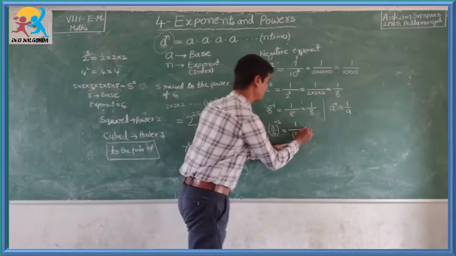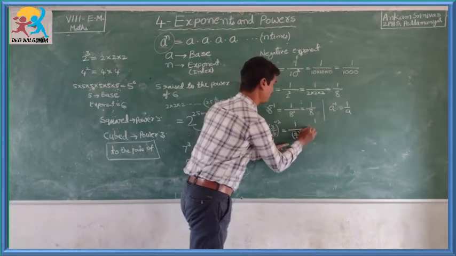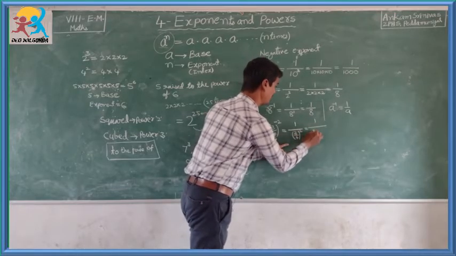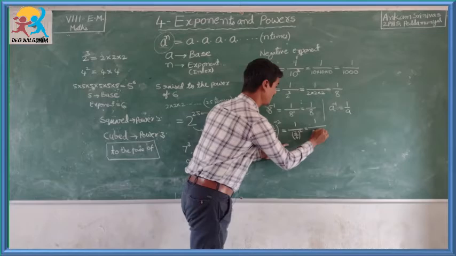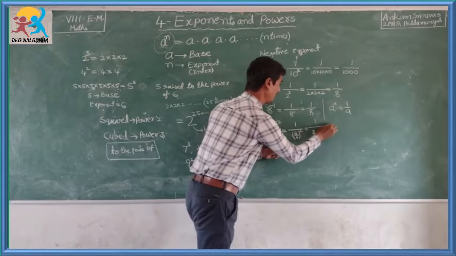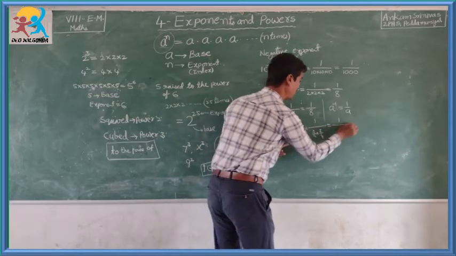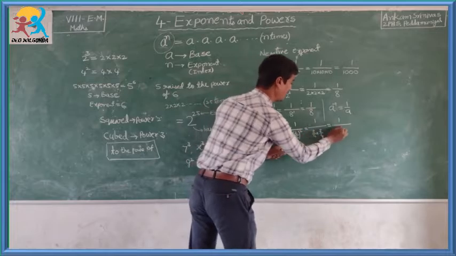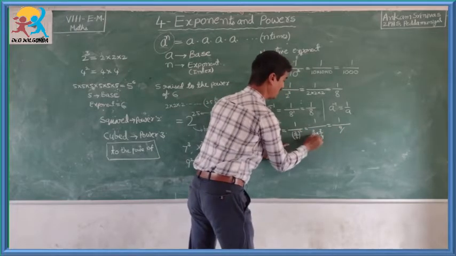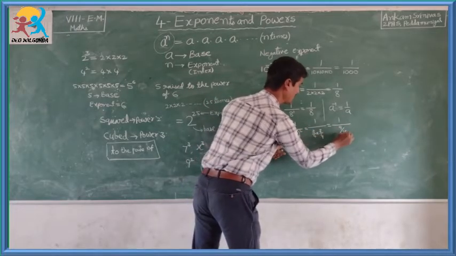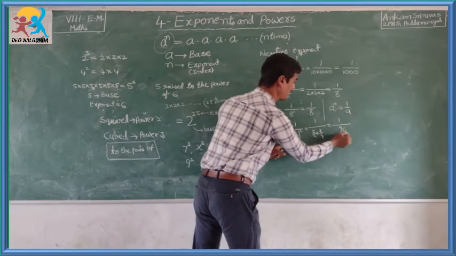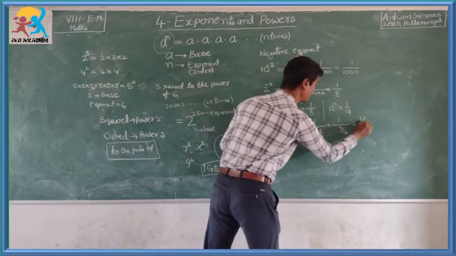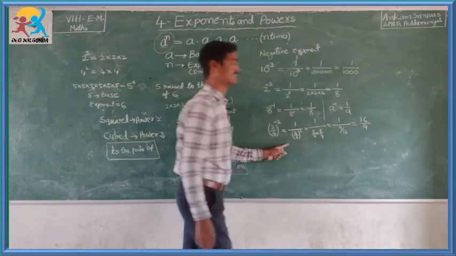So this one will be 1 by 3 by 4 into 3 by 4. Then we will get 1 by 3 3s are 9 by 4 4s are 16. So what is the reciprocal of 9 by 16? We will get 16 by 9.